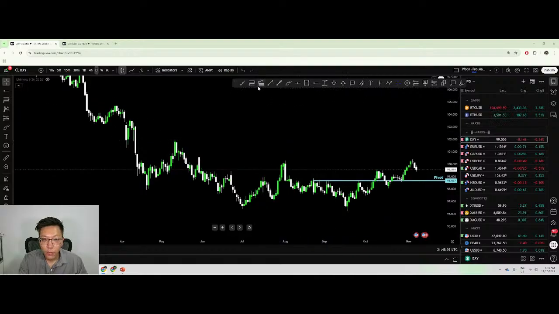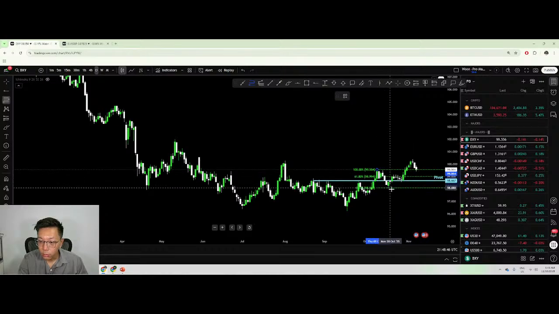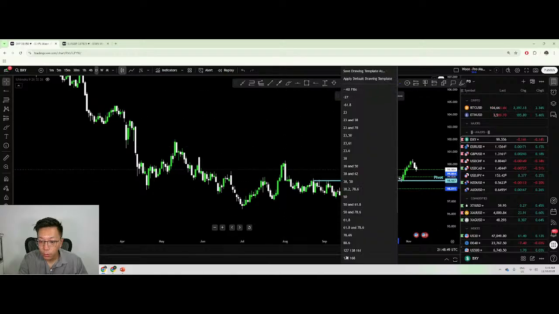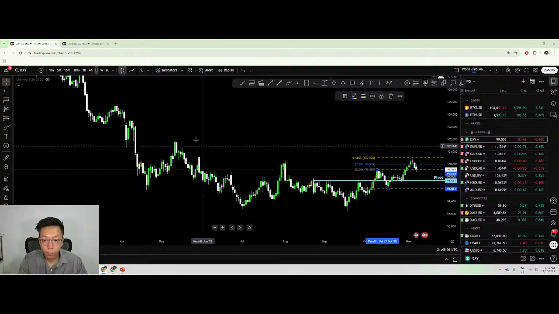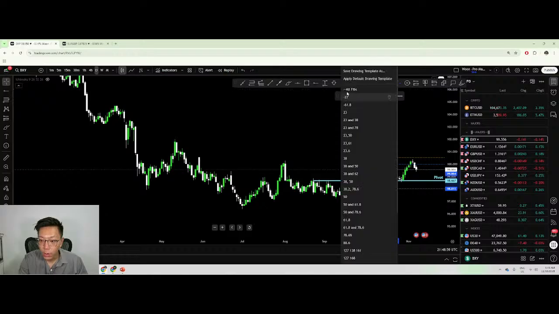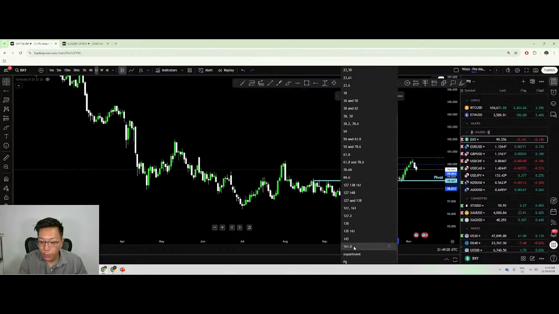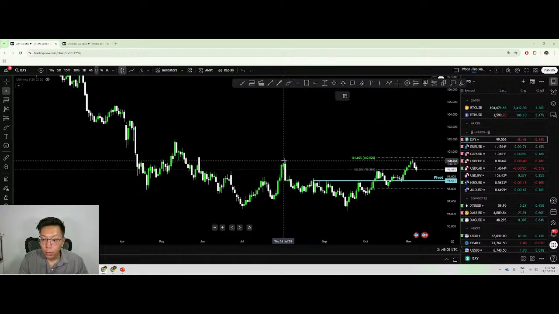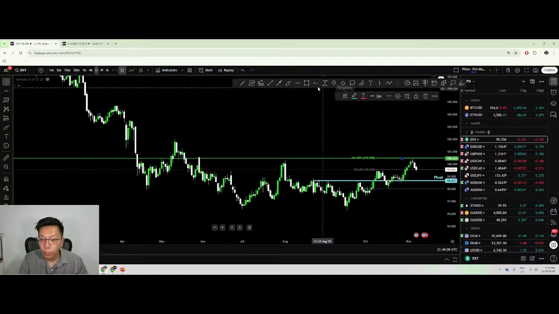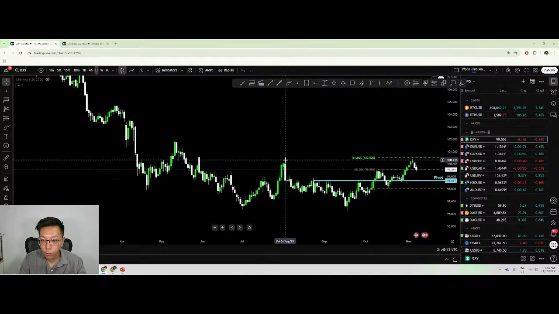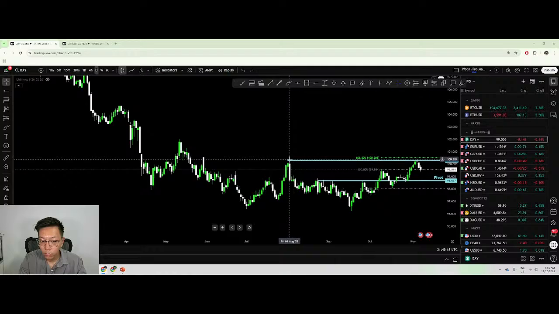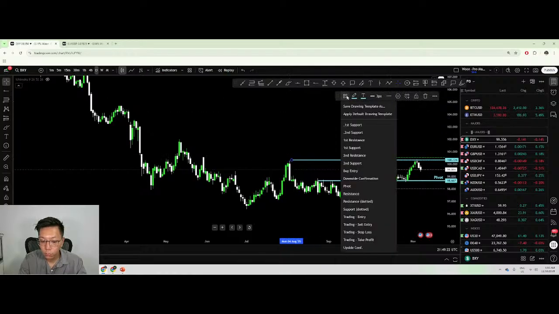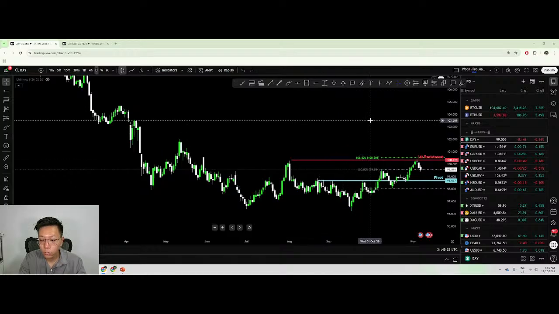For my first resistance level, we can use the 161.8% Fibo extension level.